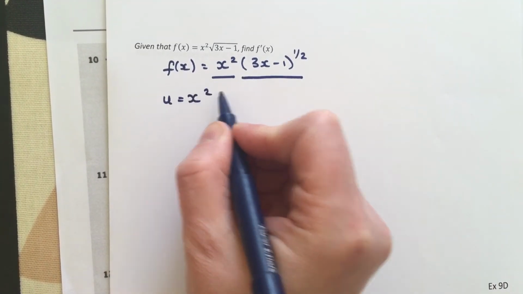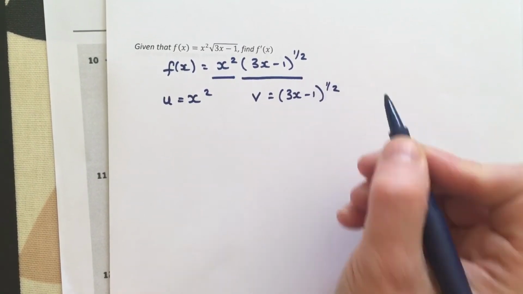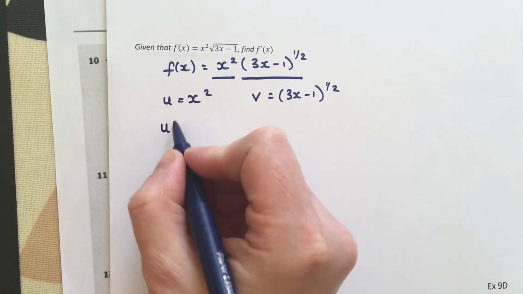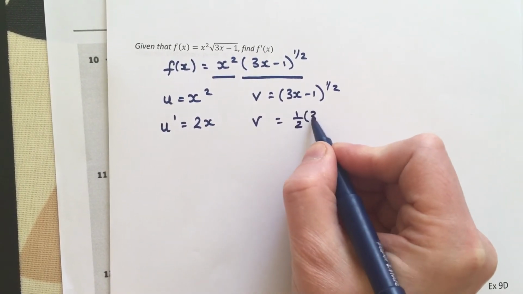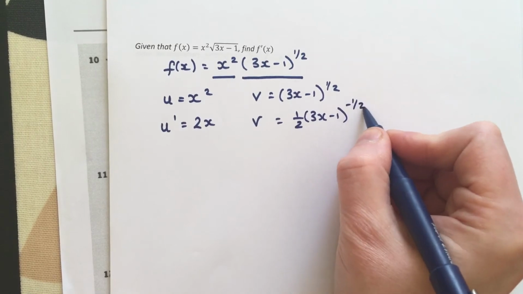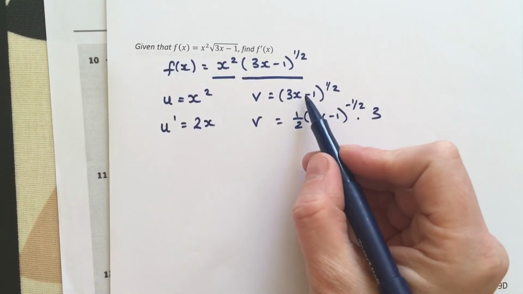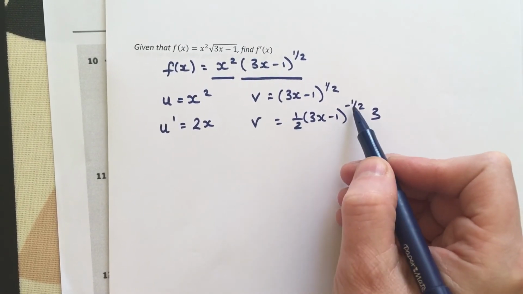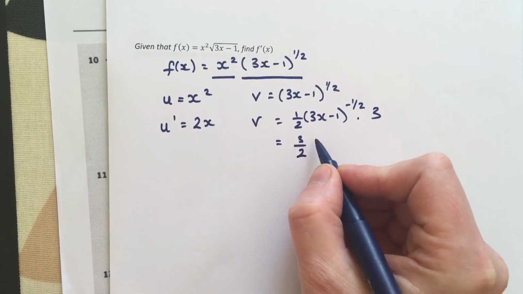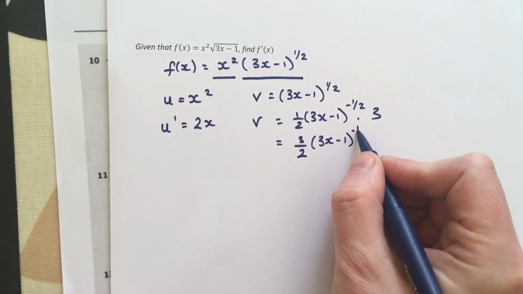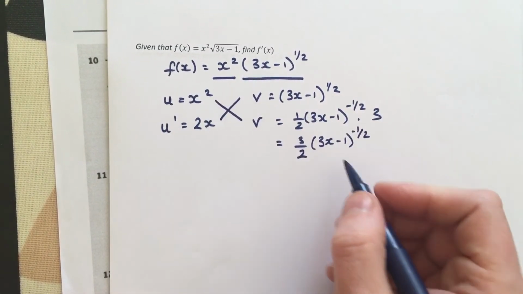So u is x squared and v is 3x minus 1 to the half. du/dx is 2x and dv/dx is this, using the chain rule. So blah to the half goes to half blah to the minus a half multiplied by the differential of blah. Let's leave it like that for now. And then we're going to multiply and add.